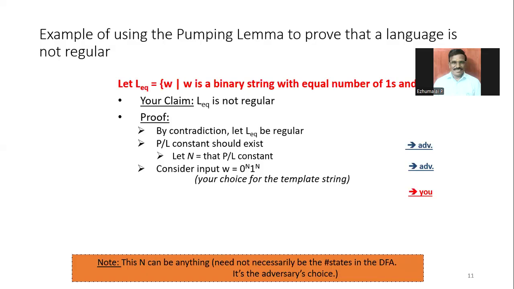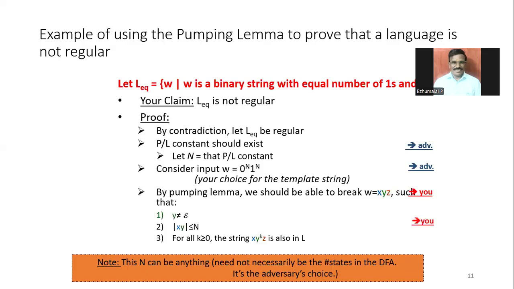Consider the input 0^n 1^n, our choice, so n zeros followed by n ones. By the pumping lemma, we should be able to break w into x, y, z such that y is not empty, |xy| is less than or equal to n, and for all k greater than or equal to 0, the string x y^k z is also in L. This is the pumping lemma concept.